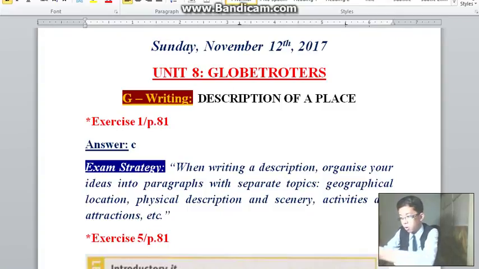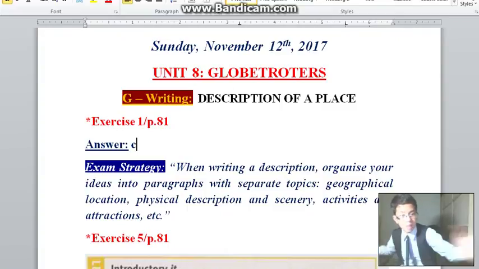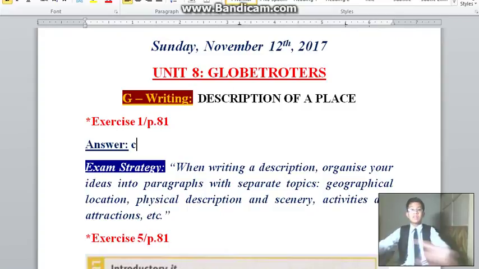So for example, paragraph 1, you may put a short introduction about the geographical location. Then the second paragraph, we may talk about physical description and scenery. The third, you may put another paragraph about activities and things you can do over there.